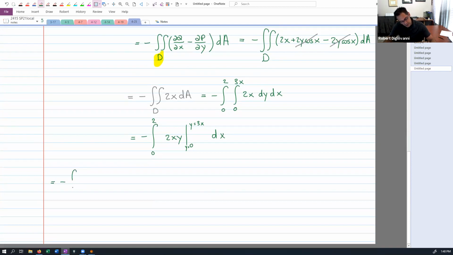So this equals negative integral 0 to 2. Plug in 3x for y, and we should get 6x squared. Plug in 0 for y, we get nothing. Now we're ready for another antiderivative. So minus, what is that? Divide by 3, so 2x cubed evaluated from 0 to 2. Plug in 2, you get 8 times 2, you get 16. Plug in 0 and you get 0. So your answer is negative 16.